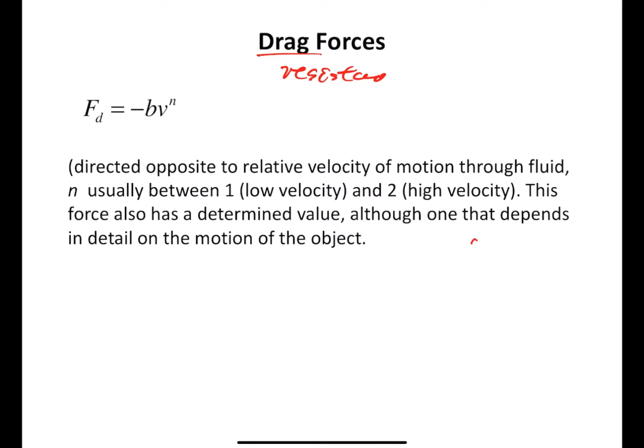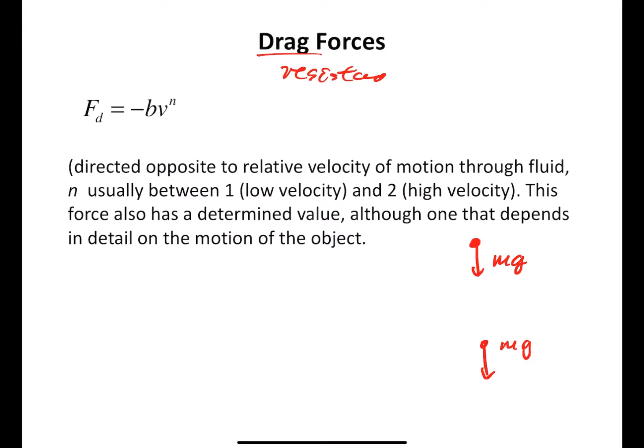So think about mg. mg is always the same. Can you see it? But if you drop the ball, when the ball leaves my hand, there's no velocity, so there's no air resistance.